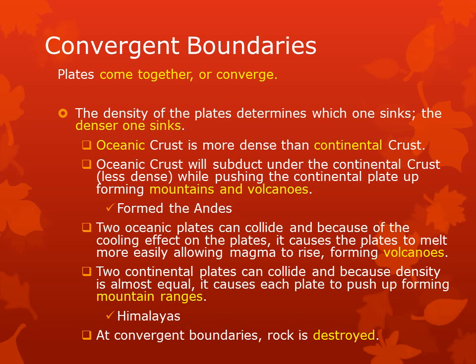Now, what does this look like? Well, oceanic crust is more dense than continental crust. All right, so when an oceanic plate and a continental plate converge, the oceanic plate will subduct under the continental plate, or under the continental crust, while at the same time pushing the continental plate up.